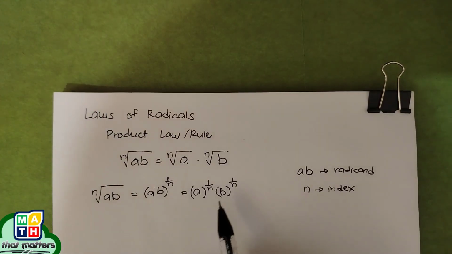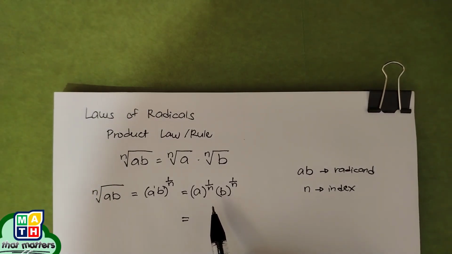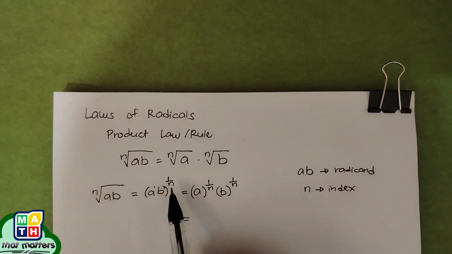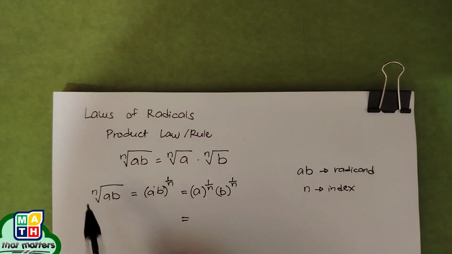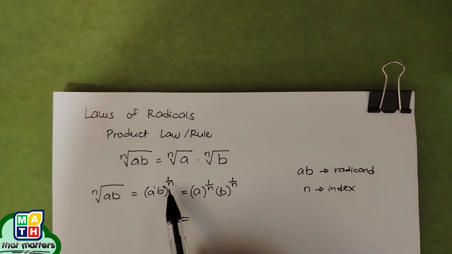Now, from here, we can return from an expression with a fractional exponent into a radical expression. Take note earlier that 1 over n as an exponent tells us a radical expression with index n being the denominator of your fractional exponent.